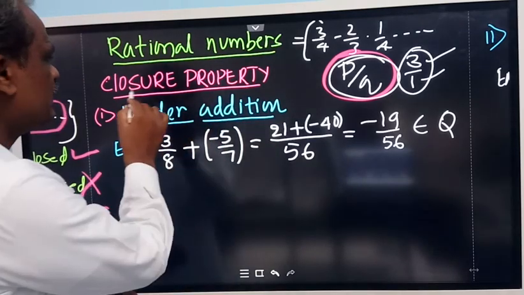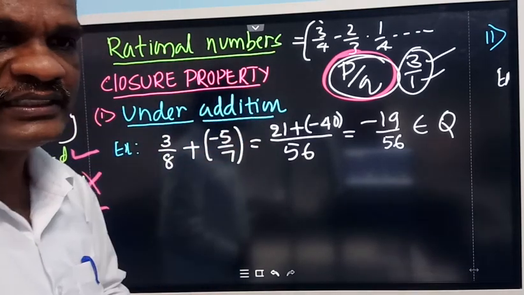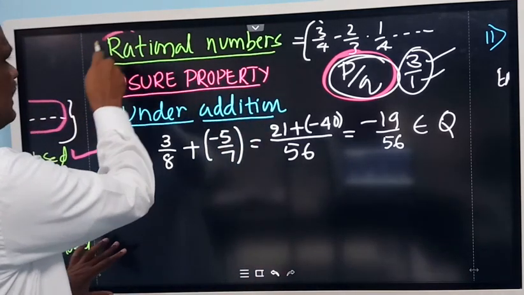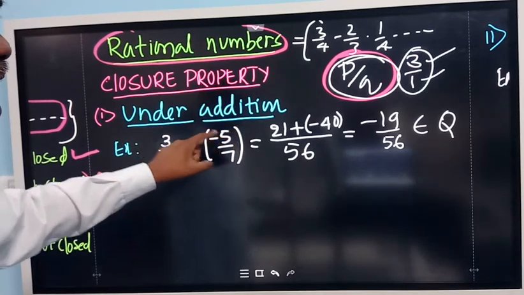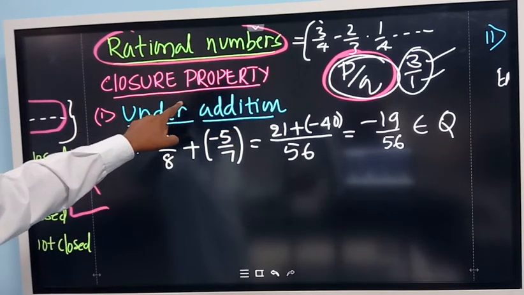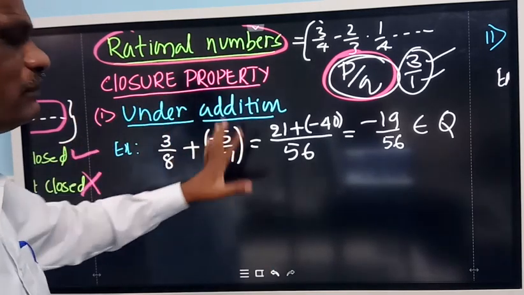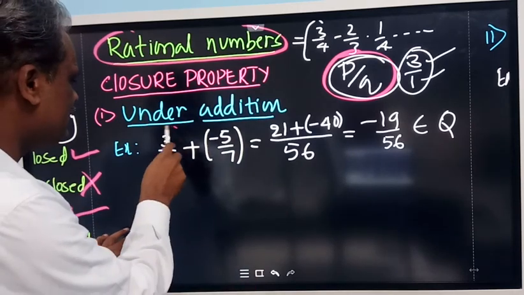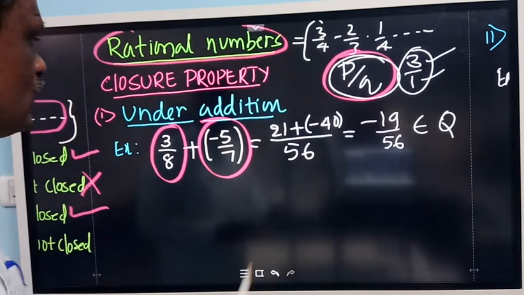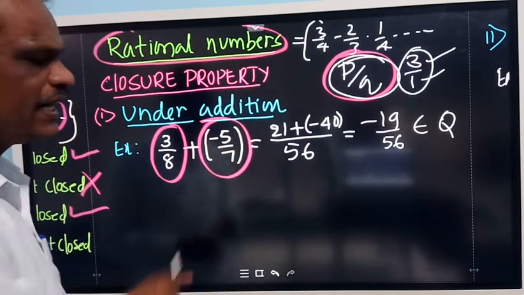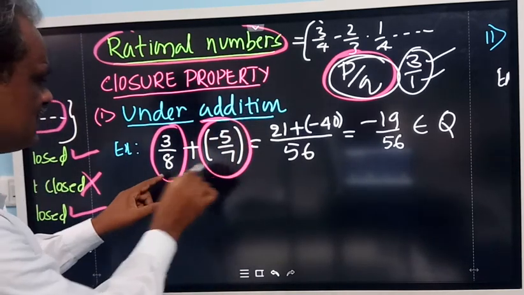Now let us check the closure property under addition for rational numbers. This is a class 8 topic, rational numbers. Let us verify the closure property. Take any two rational numbers that you like. I have selected 3 by 8 and minus 5 by 7. Under addition, let us add these two numbers. What is the LCM of 8 and 7?